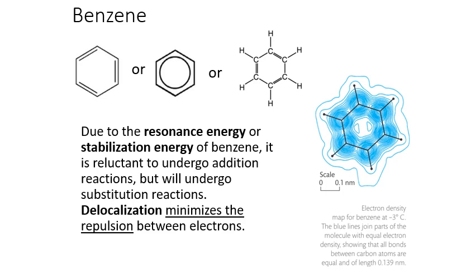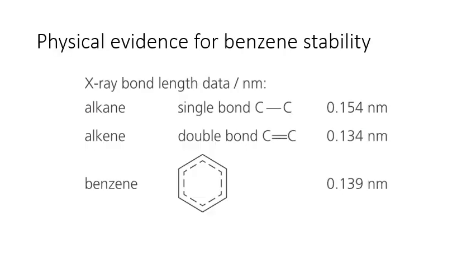Okay, and this circle in the middle is an illustration of the two resonance forms. And that's called delocalization. And the reason why you have this delocalization is it minimizes the repulsion between electrons. Wonderful molecule.